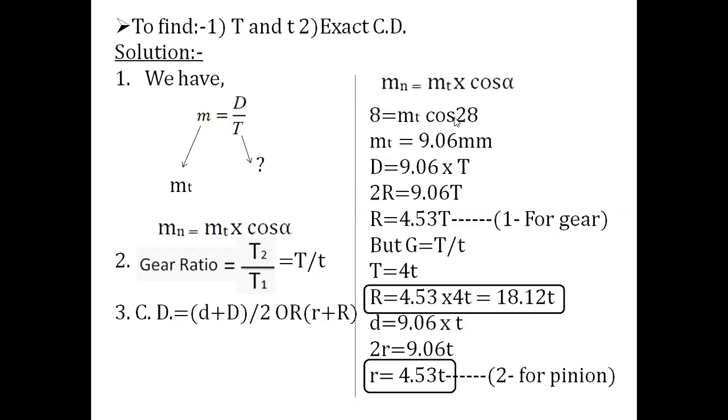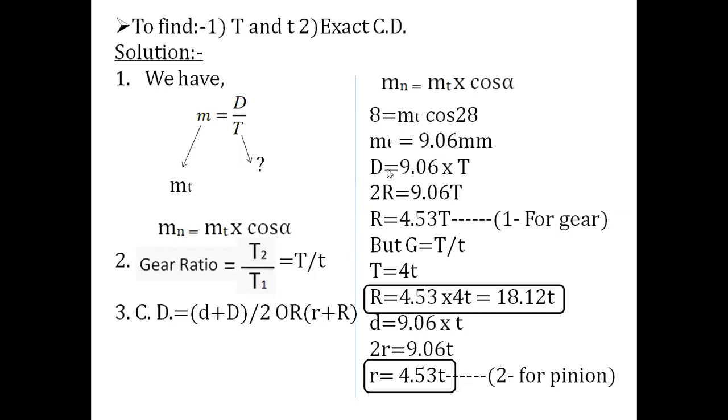Putting that value of mt in the formula mt is equal to d by t, d is equal to 9.06 into capital T.